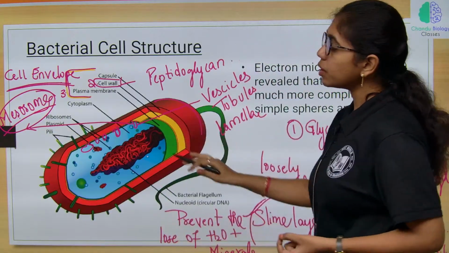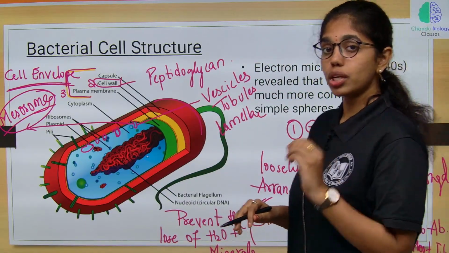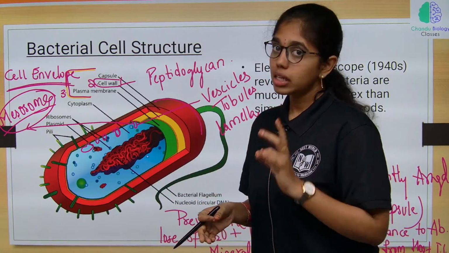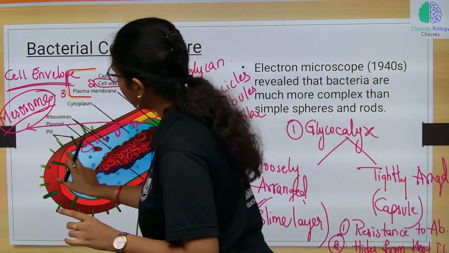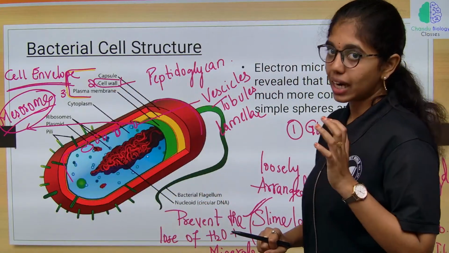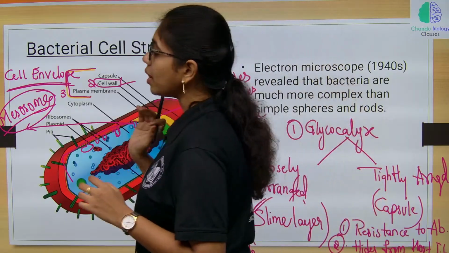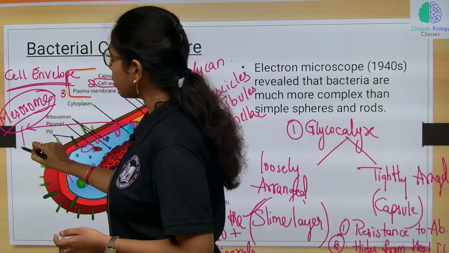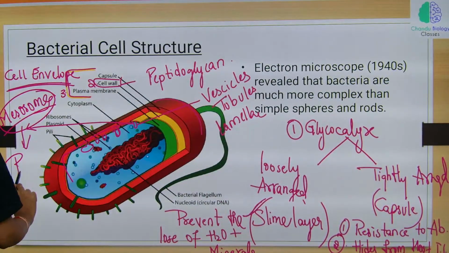These invaginations' primary function is to release the respiratory enzymes, to promote secretion, to help in cell wall formation, daughter cell replication and cell division. All these are the functions of mesosomes. One of the major functions is respiration.